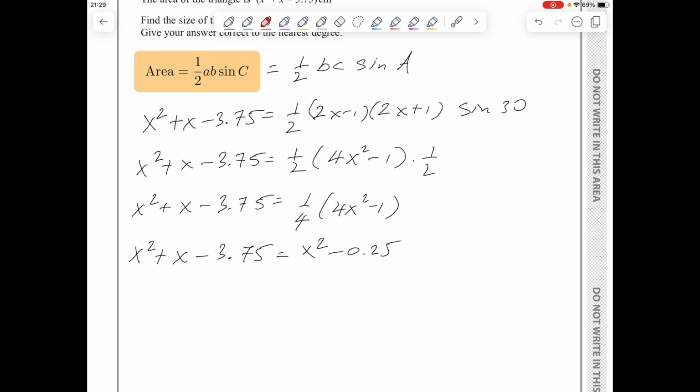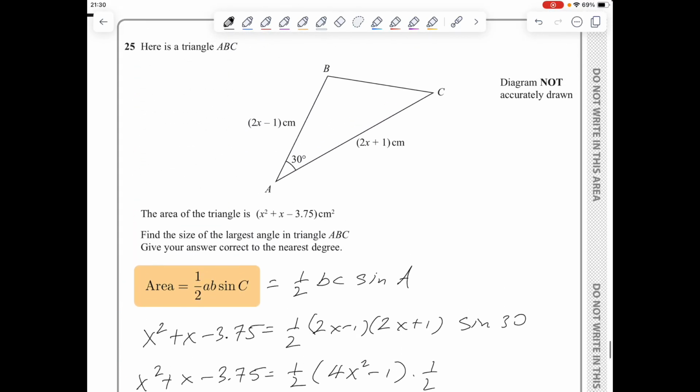Now the x squared and the x squared cancel out, so x equals 3.5. So I can go back to my shape and replace x with 3.5. So AB will be 6 centimeters and AC will be 8 centimeters.